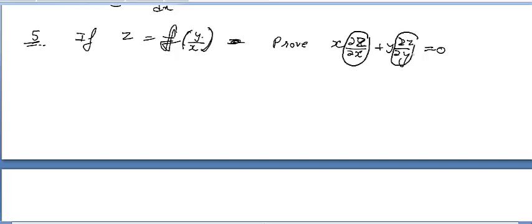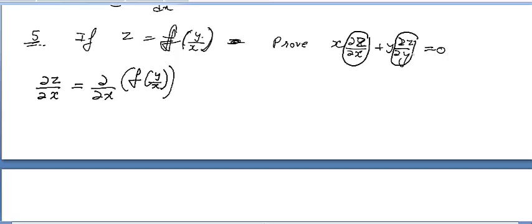So when I find the derivative of z with respect to x, this will become interesting to see. Correct. Very interesting to see. So this is a function. I will write its derivative as f dash. I don't know what kind of function is there.